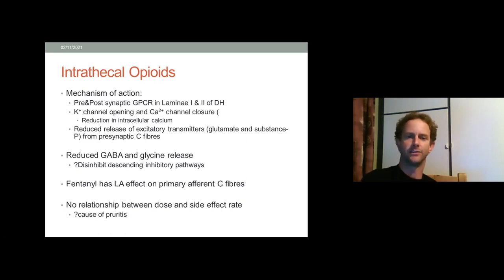So by reducing your GABA and glycine, you're then increasing the activity of your descending inhibitory pathways. Fentanyl is unusual because it also has a local anesthetic effect, a direct effect on your C fibers, as does pethidine actually.